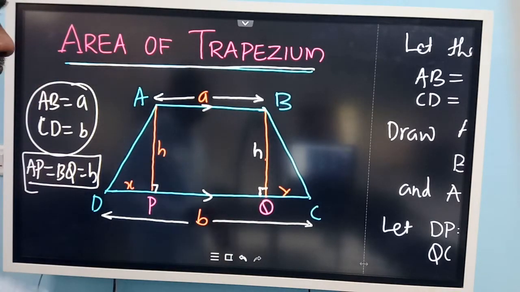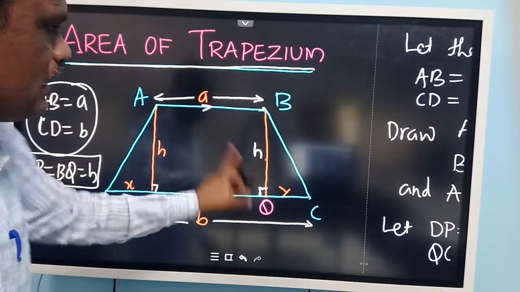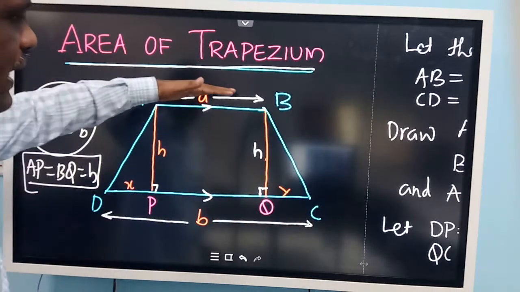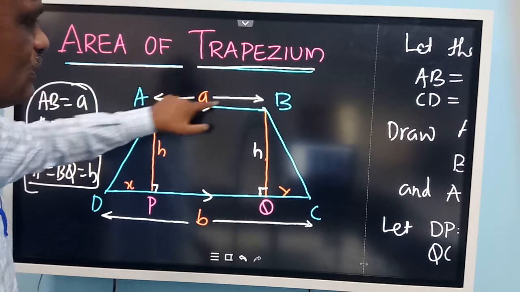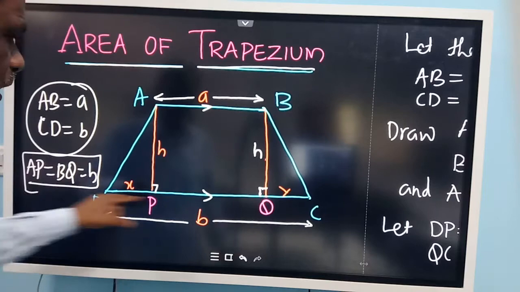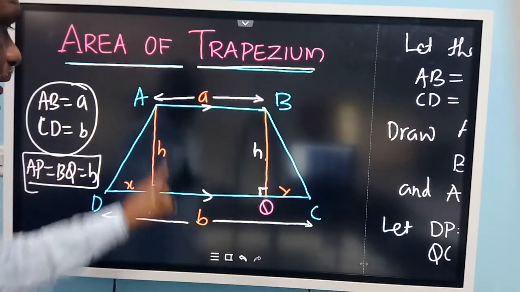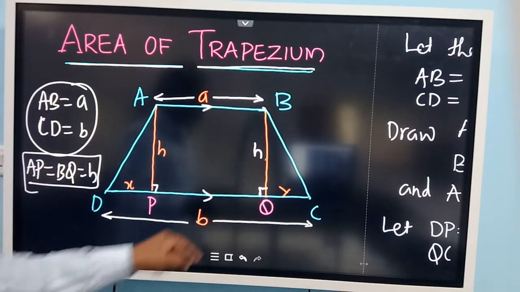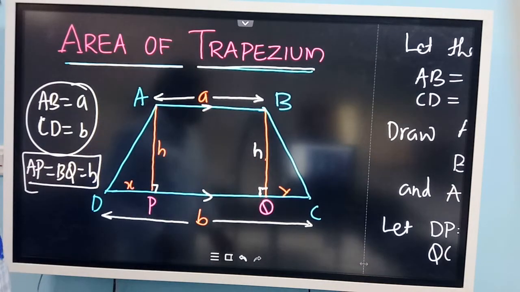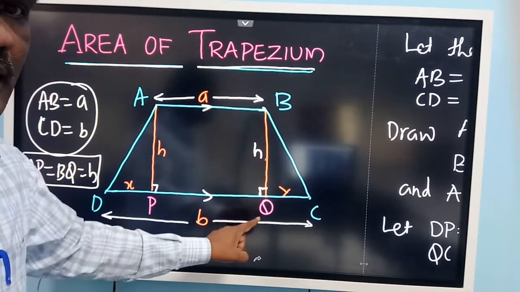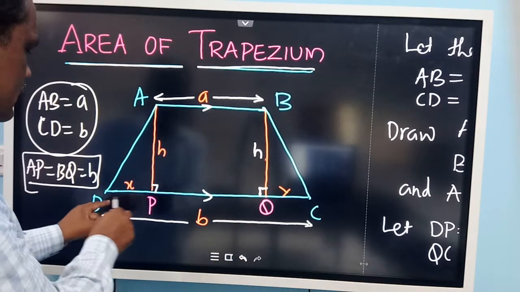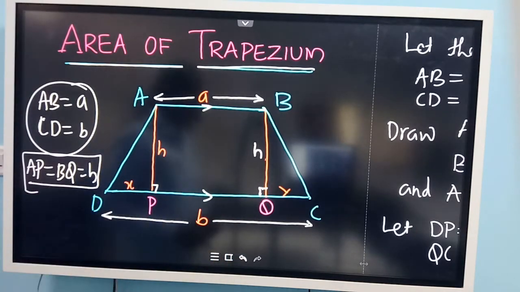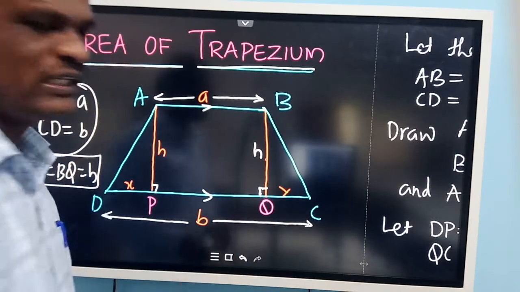Listen once again: ABCD is a trapezium in which the parallel side AB is equal to A units and CD is equal to B units. The perpendicular distance is H units.